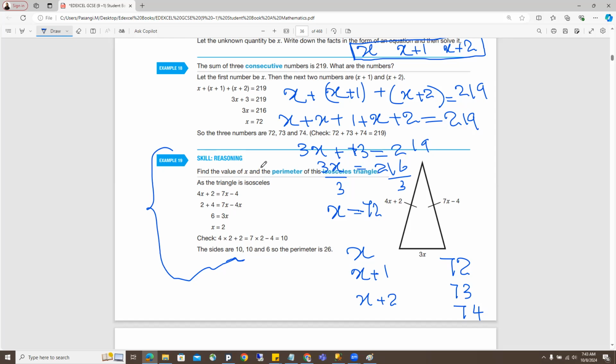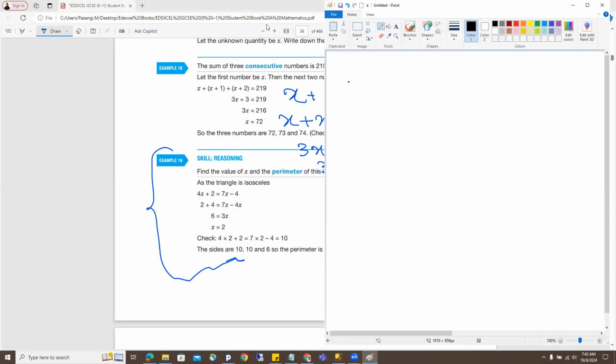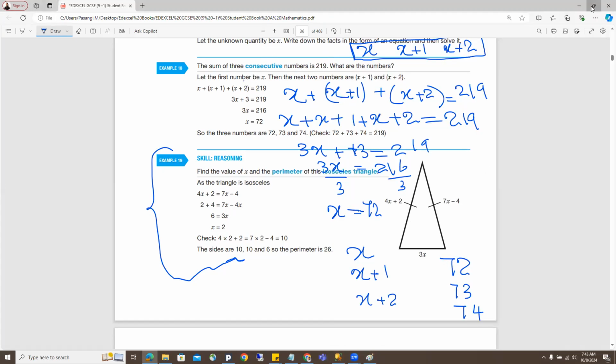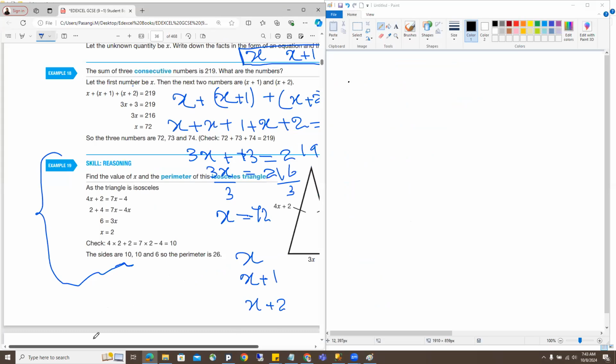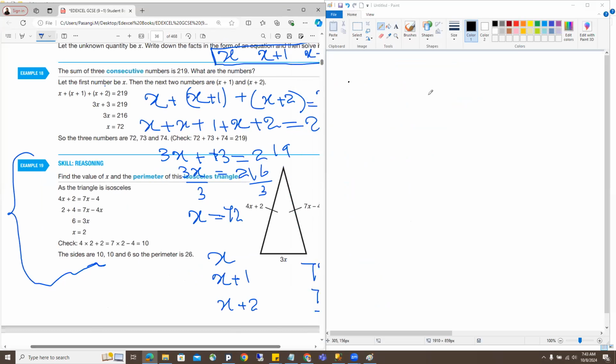So here, perimeter means what? Perimeter means the total length of this entire triangle. Okay.